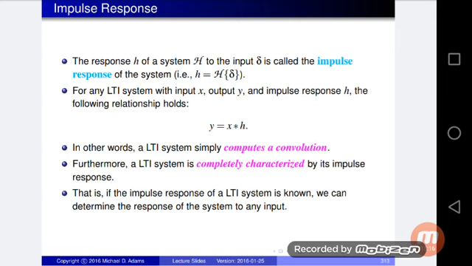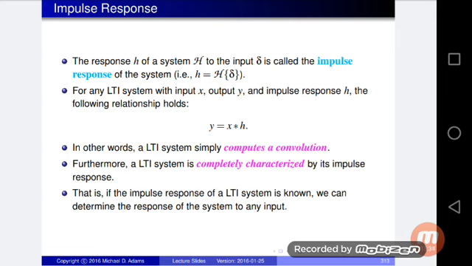In other words, an LTI system simply computes a convolution.